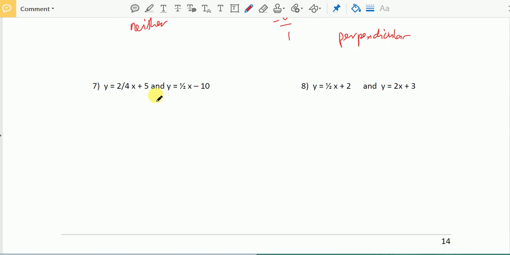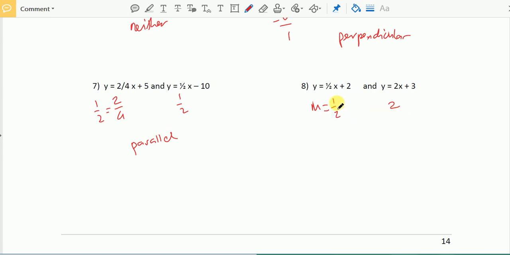Now in this case, I have the slope of the first line to be 2/4, and this line to be 1/2. 2/4, I can reduce to 1/2, and 1/2 and 1/2 are equal. So same slope, they are parallel, right? And this one, the first one is 1/2. The second one is 2.